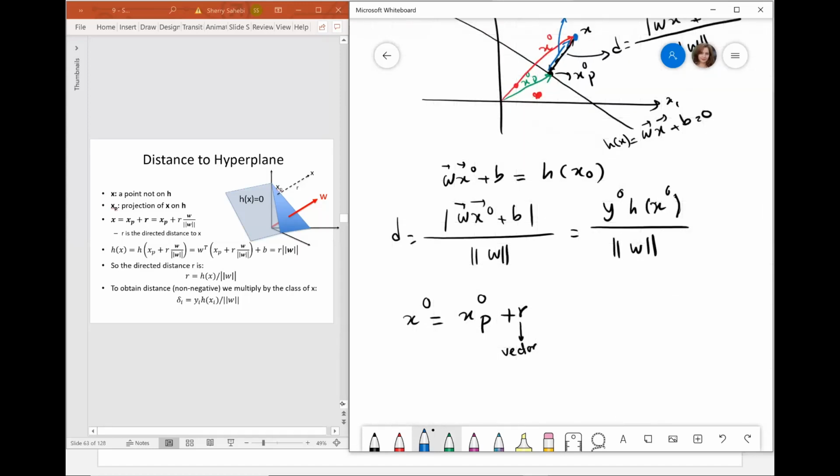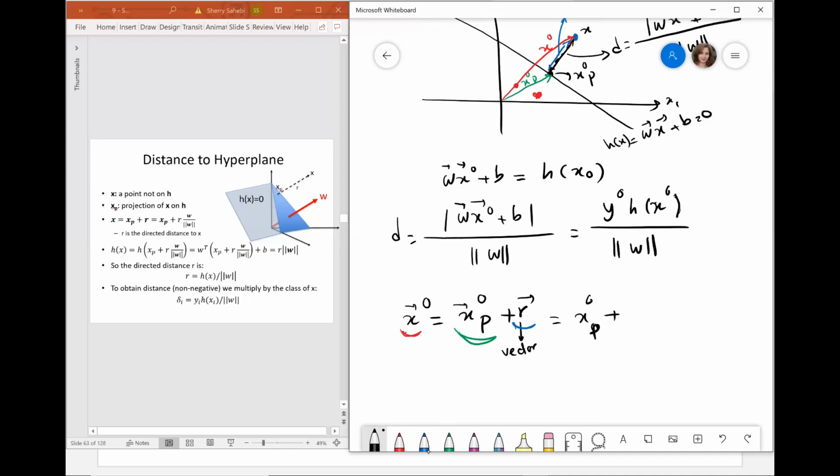So basically, it is as if x is the red vector, x0p is the green vector, and r is the remainder vector. Now, this remainder vector, what is it?